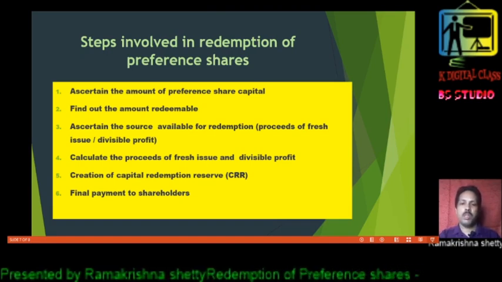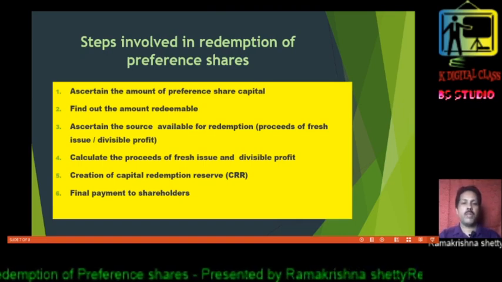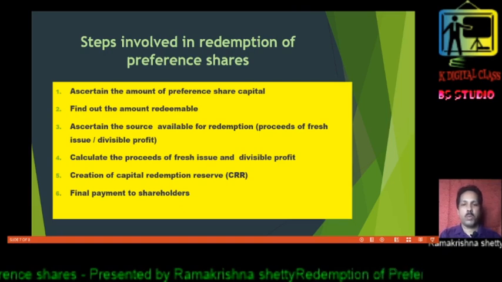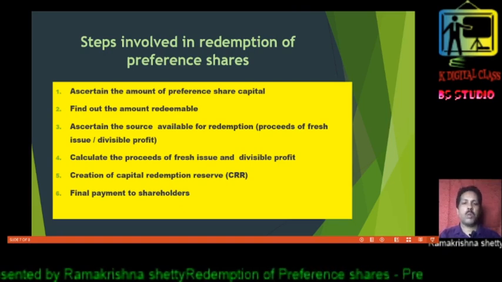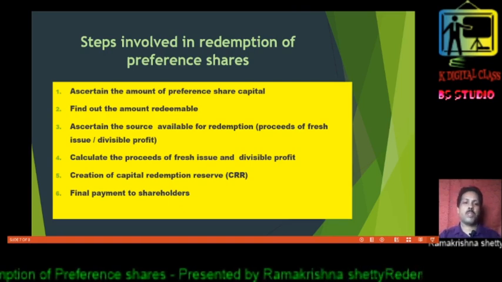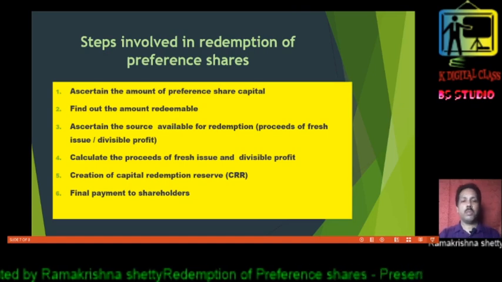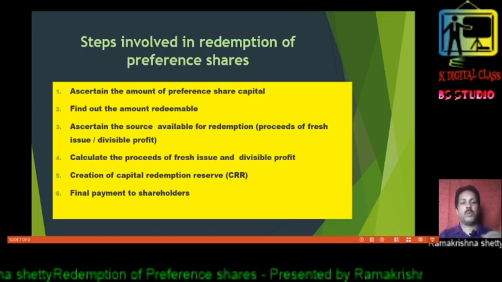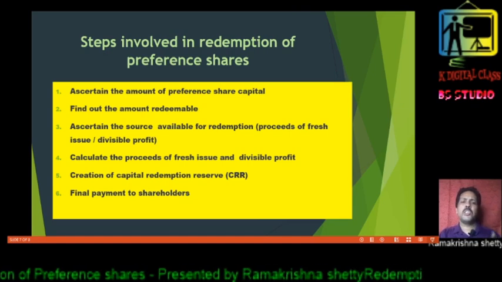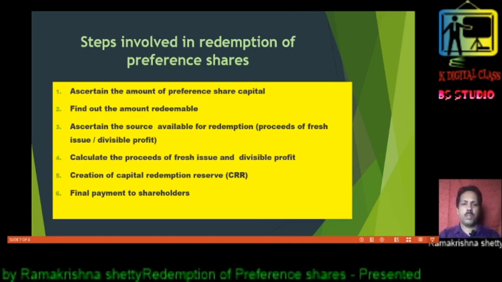It may be proceeds of fresh issue or divisible profit. We have to identify which source, whether only one or both sources, and what the amount is. When there are proceeds of a fresh issue, that should be utilized first and the remaining amount can be taken from divisible profit.